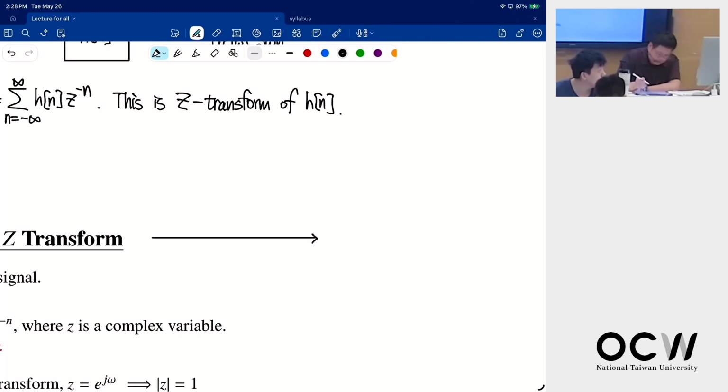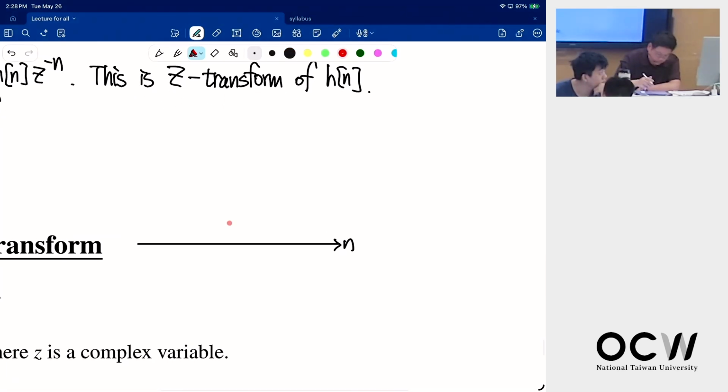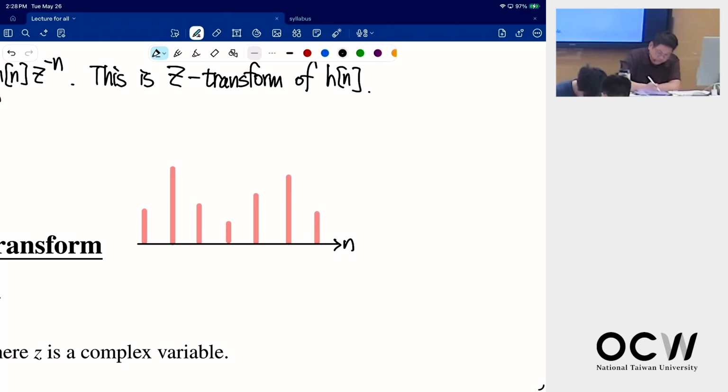So here is n. I may have 0, 1, 2, 3, minus 1, minus 2, minus 3, and so on.